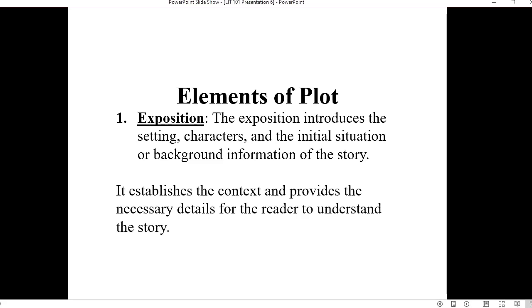And that's why in plot, exposition is very important. That's where the reader is introduced to the content of the narrative work, maybe a novel, for instance.